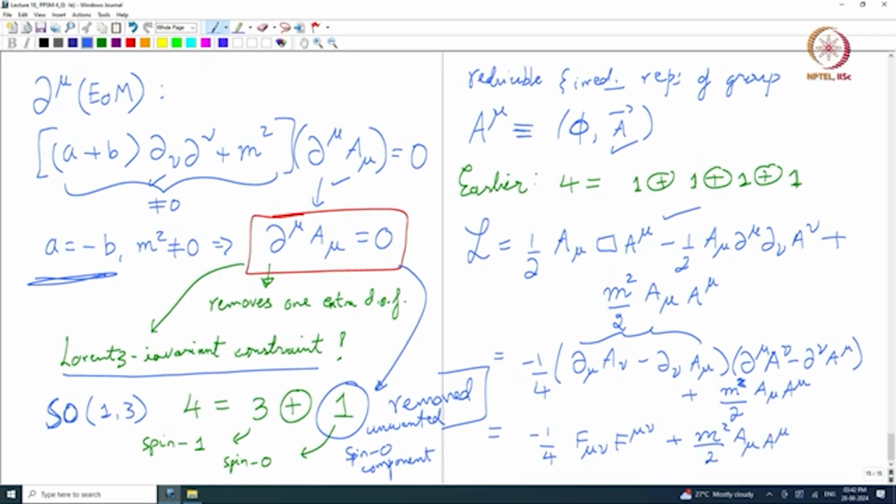This is nothing but the Maxwell tensor. Remember we wrote this in terms of E's and B's, correct, in the covariant formulation of Maxwell's equations. That is exactly what this is, okay.